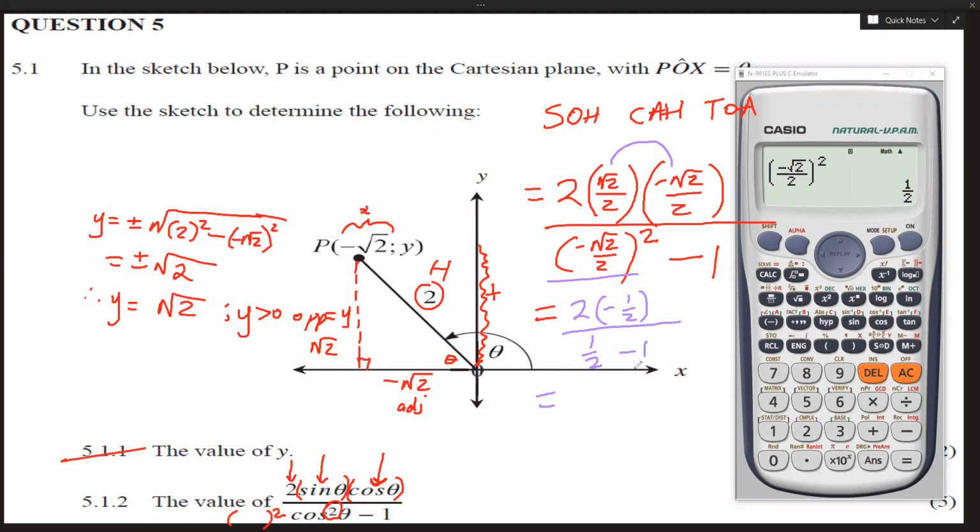If you press a calculator, you're going to get negative 1, and then at the bottom, you're getting negative half. And then this totally gives you 2. And then you're done with this question, ladies and gentlemen.